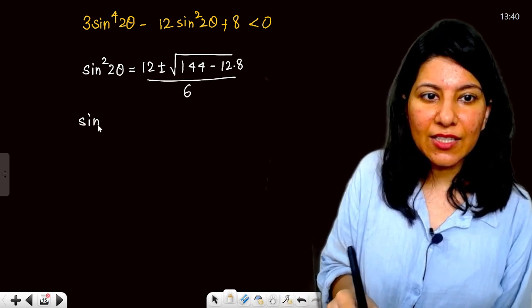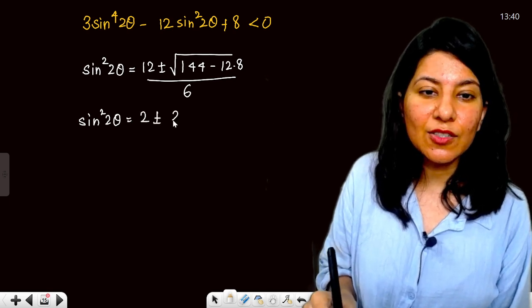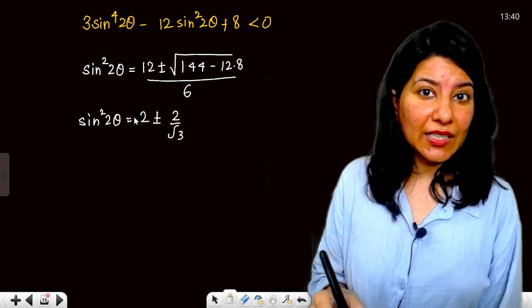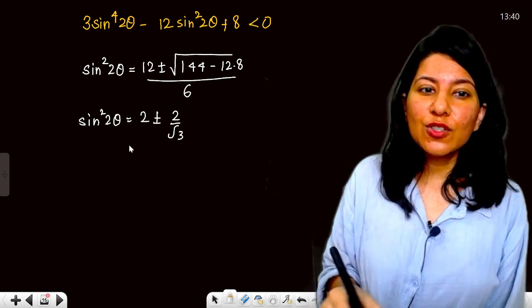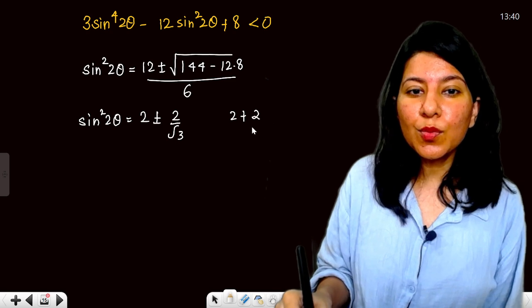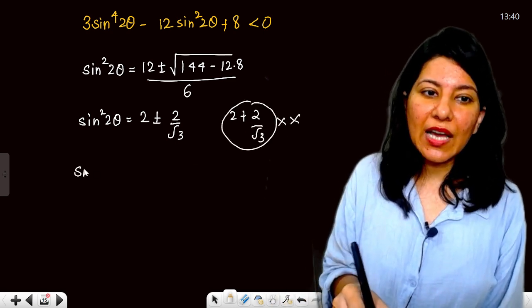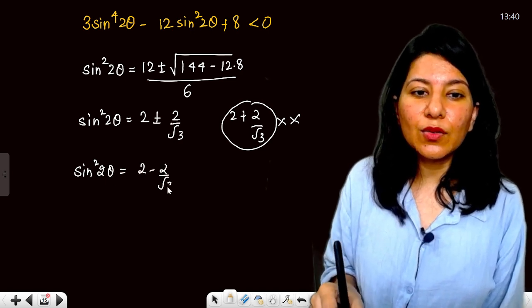So sine square 2 theta is going to become 2 plus minus 2 by root 3. Now understand one thing: sine square of any argument cannot be greater than 2. So 2 plus 2 by root 3 is not at all acceptable. So sine square 2 theta should be equal to 2 minus 2 by root 3, right?